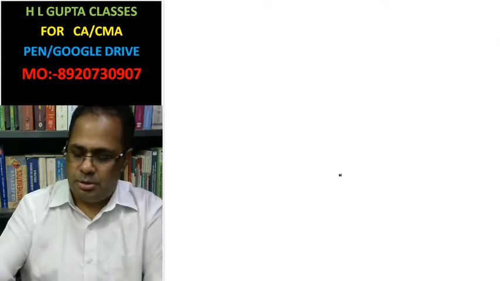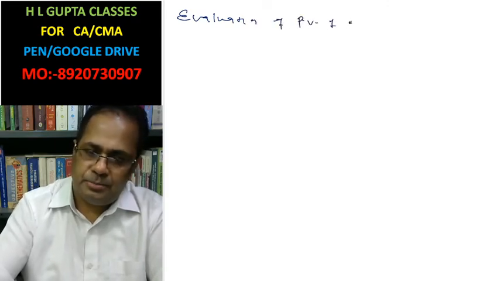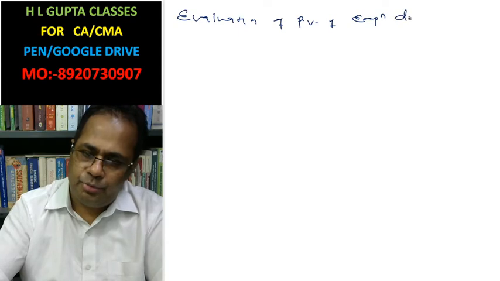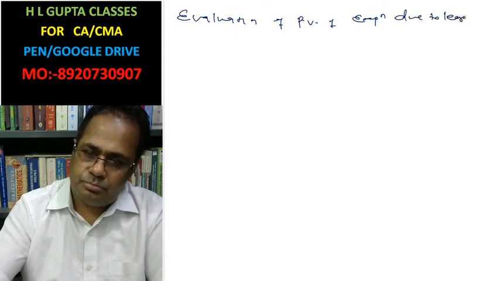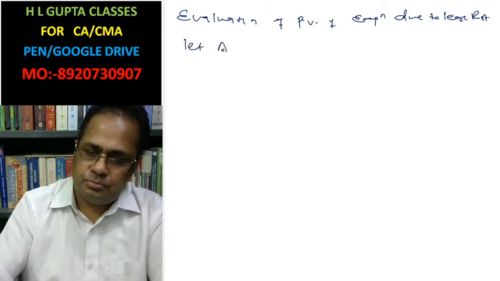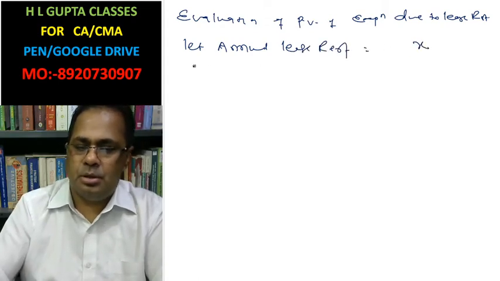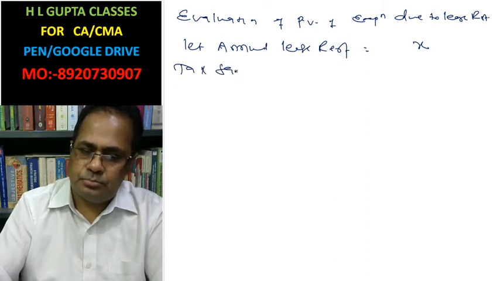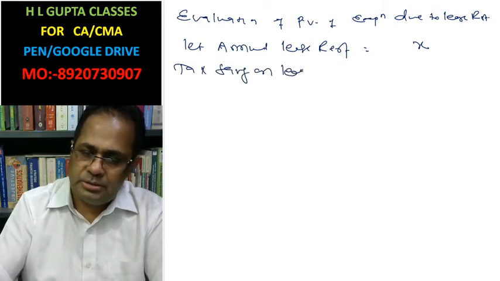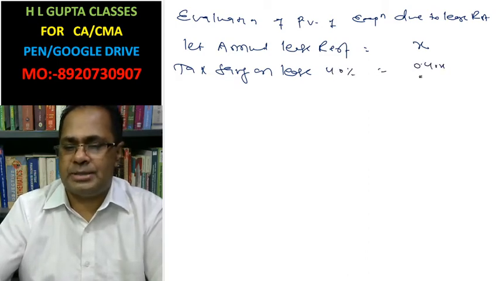Look at it. Evaluation of present value of expenditure due to lease rent. Let the annual lease rent be assumed to be X. Tax saving on lease at 40% is equal to 0.40x.